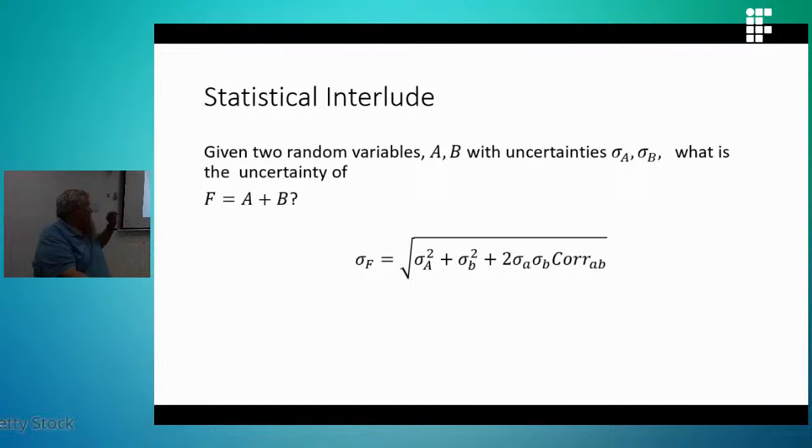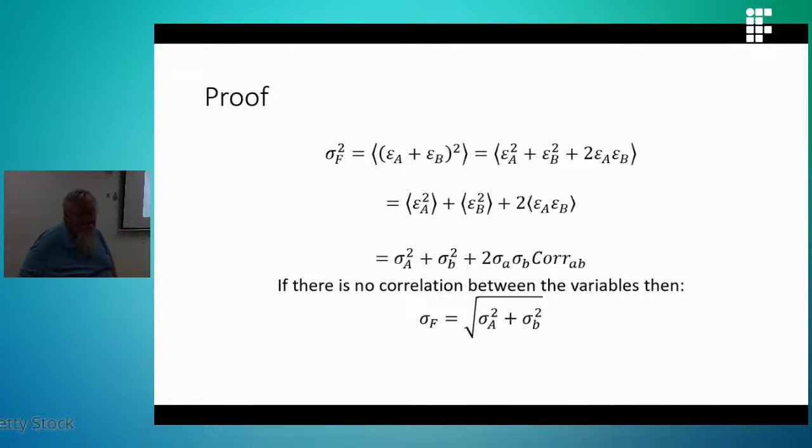Well, sometimes the error in A can be plus and the error in B minus, so they cancel out sometimes. And here I just go through the proof of this, which if you haven't had statistics, I'm not going to bore you with.